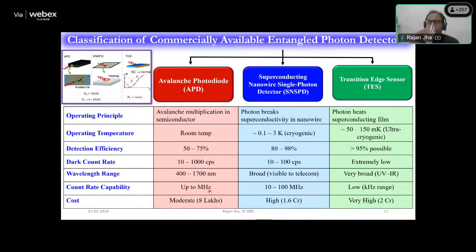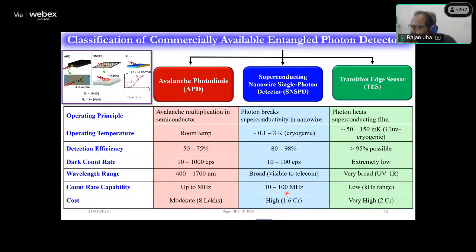Now, this is another important aspect. What does this say? Count rate capability up to megahertz. This is megahertz. This is low, like kilohertz. People are trying to push it from kilohertz to megahertz also. What these count rate capabilities basically are is, if you have an entangled photon source generated, how fast you can measure them.